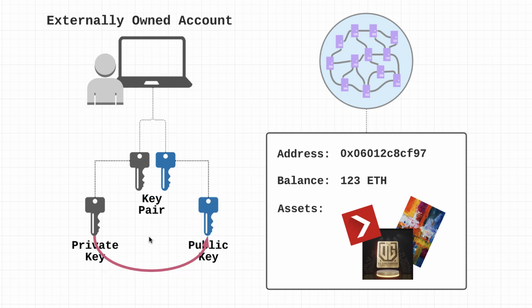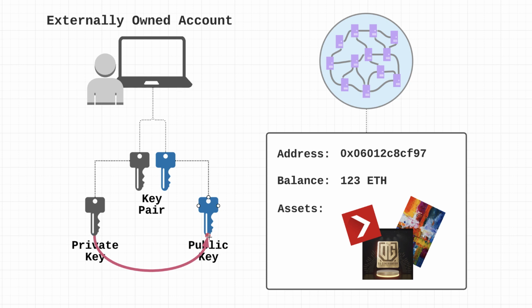Now, this is where things get interesting. If you have the public key, you cannot figure out the private key. That's why the term one-way function comes in, because you can calculate something one way, but not backwards the other way.